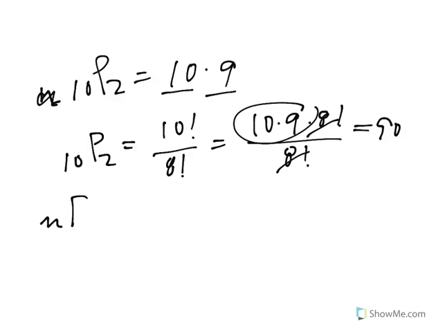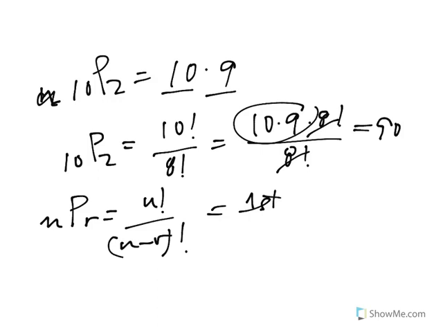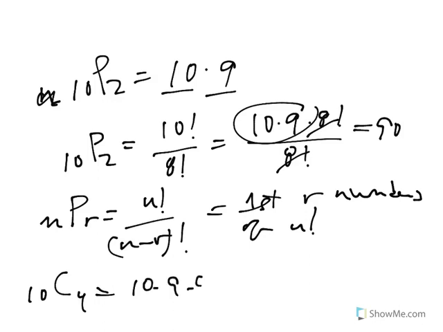So the official textbook formula for permutations is n factorial over n minus r factorial. But for our purposes, it's going to end up as the first r numbers of n factorial. So when I see 10P4, I don't really think of 10 factorial over 6 factorial. I just think 10, 9, 8, how many do I have? 3, one more, 7. That should be a P.